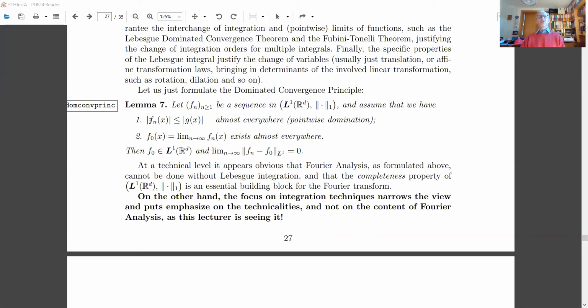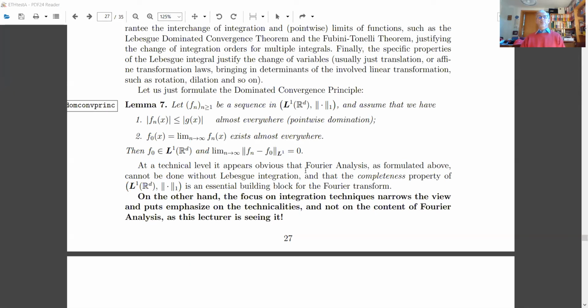But if there's a dominant function, so if there is any fixed function g that for all n dominates these integrable functions in the pointwise sense, at least almost everywhere, and if you have pointwise convergence, then you have norm convergence. So this is one of the very strong and often used theorems.